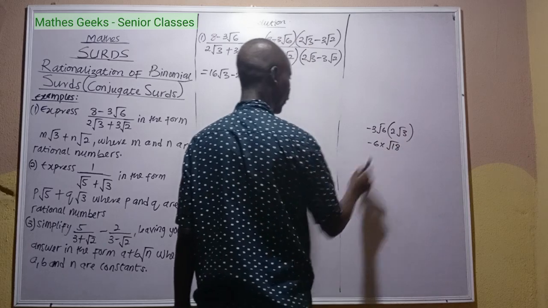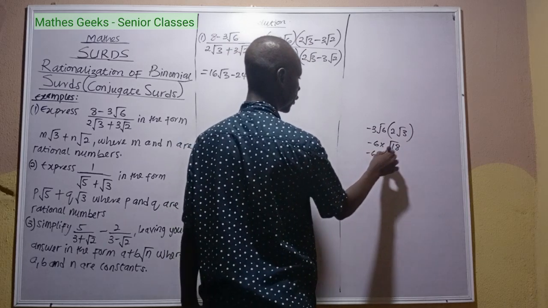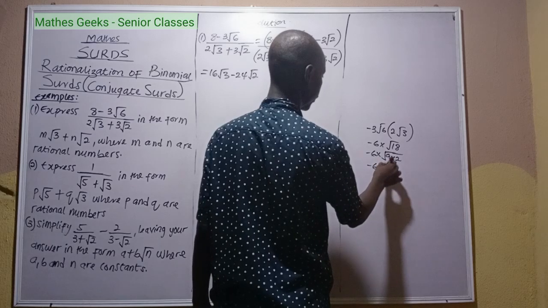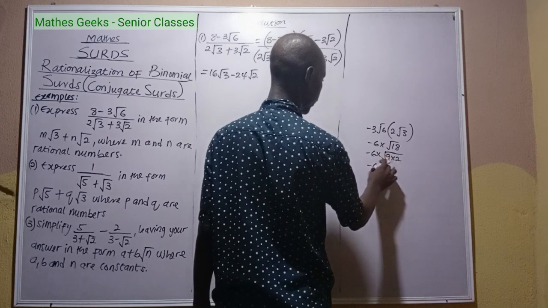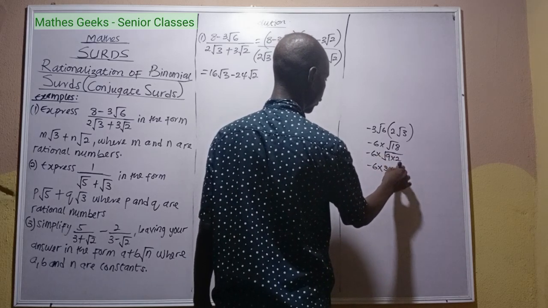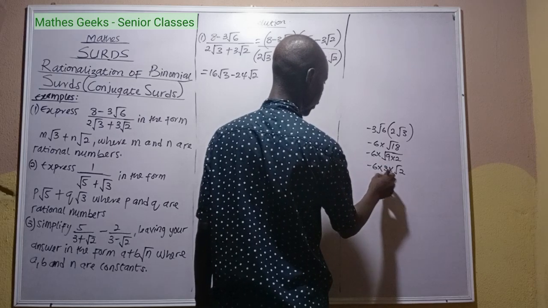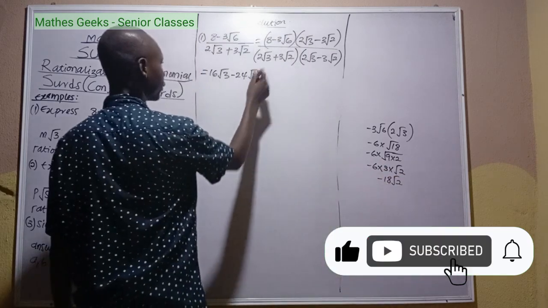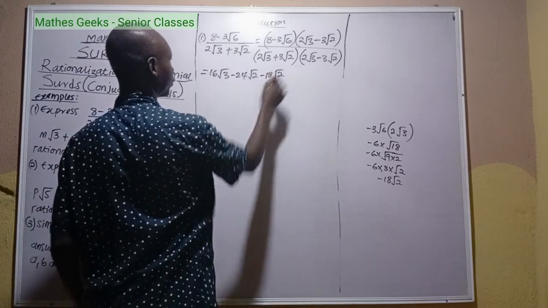But we need to simplify this further. Minus 6 times root 9 times 2. Root 9 is 3 times root 2. Minus 6 times 3 will give us minus 18 root 2.